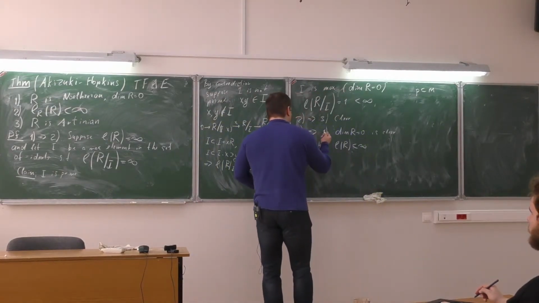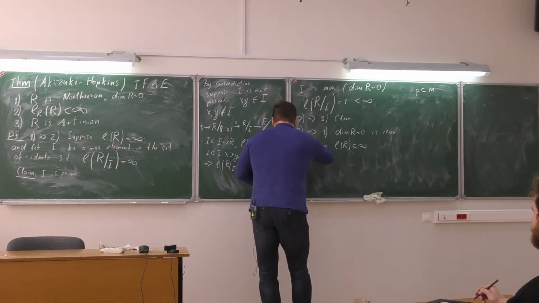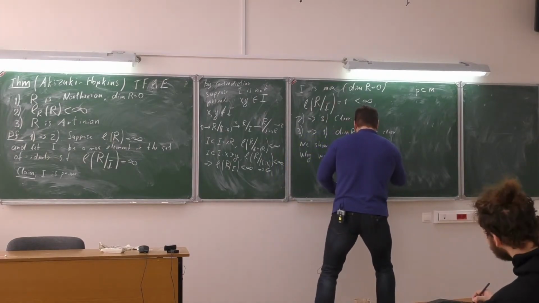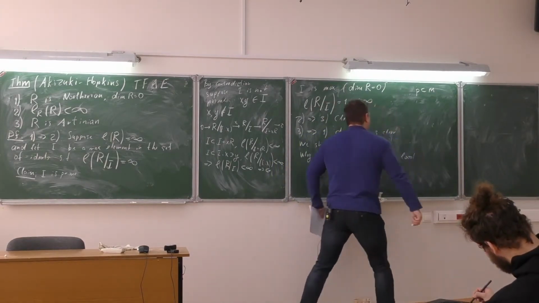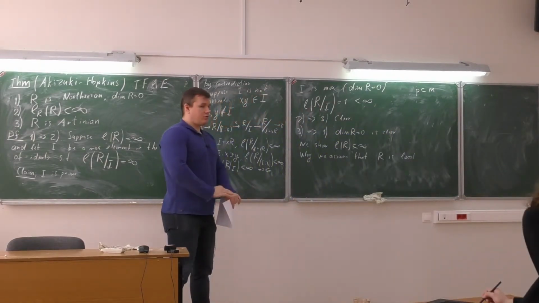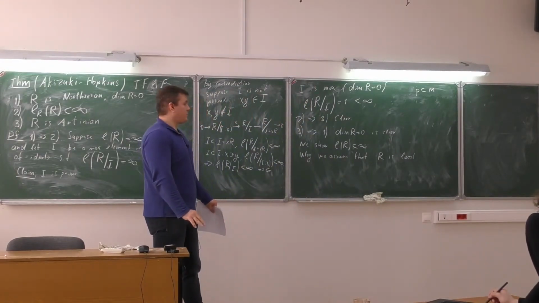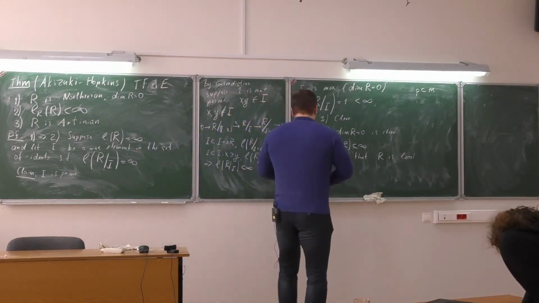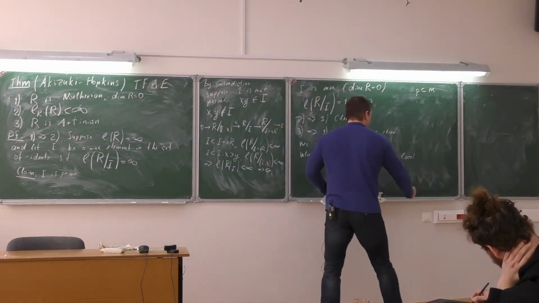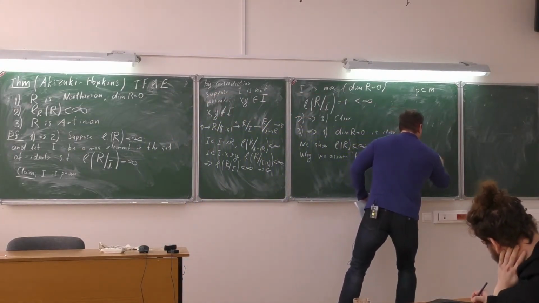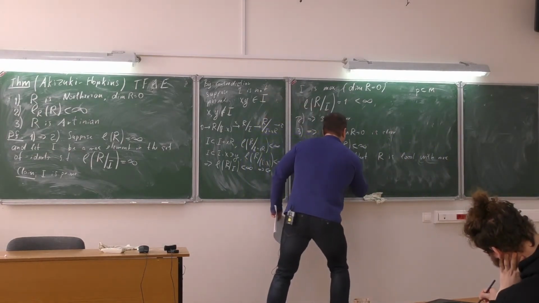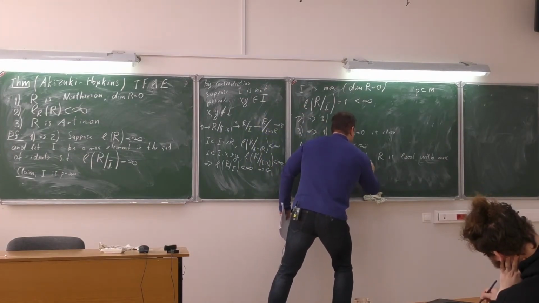Next, we're going to use the structure theorem. Without loss of generality, we assume that R is local, because if R is not local, it is a product of local rings. If I can prove that the statement is true for each of the components, it will be true for every component. So this is local with maximal ideal M. Then I can say that some power of this maximal ideal is equal to 0.